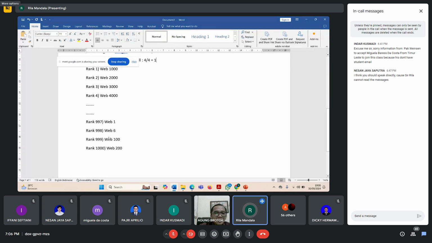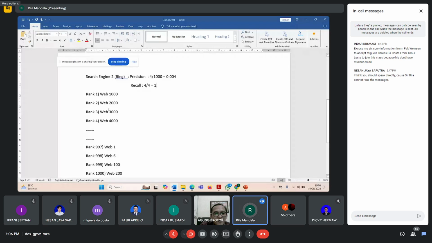Imagine you are the user. You use Bing in this situation. You open the web in rank 1, usually you open the top rank first. Not relevant. You open rank number 2, not relevant. Rank number 3, not relevant.